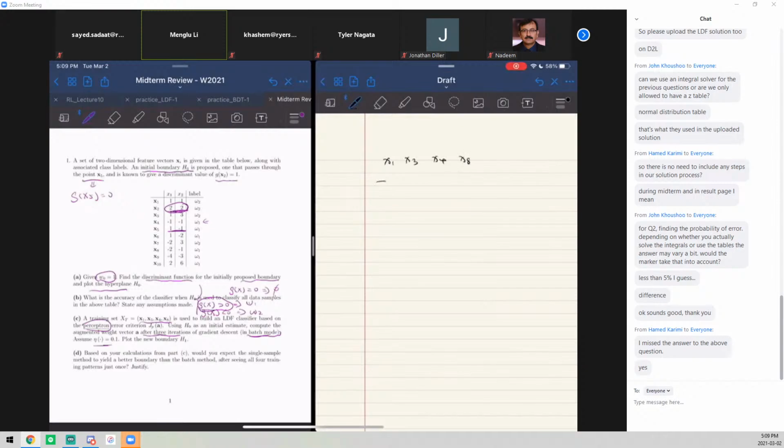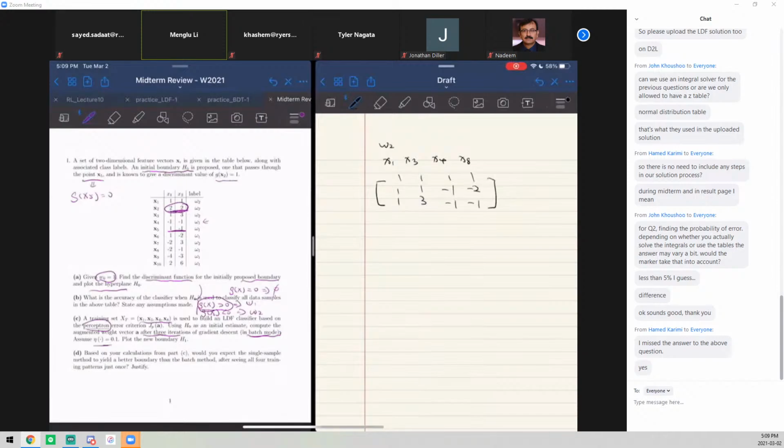Then it becomes 1, 1, 1, 3, -1, -1, -2, -1. And we apply the normalization.